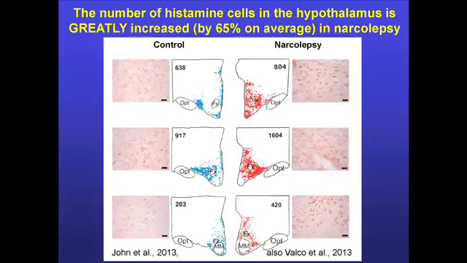Now, this is the new finding. Here you see in red on the right a plot of the histamine cells in narcolepsy, and on the left, the histamine cells in a control. And you see there's a greatly increased number. When you do a count, you see that on average, the people with narcolepsy have 65% more than our control population.